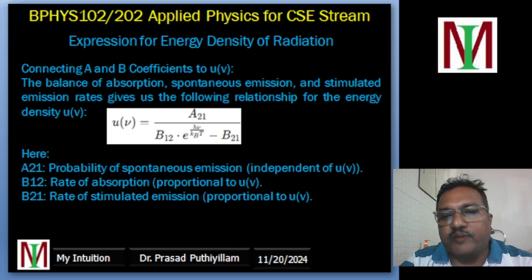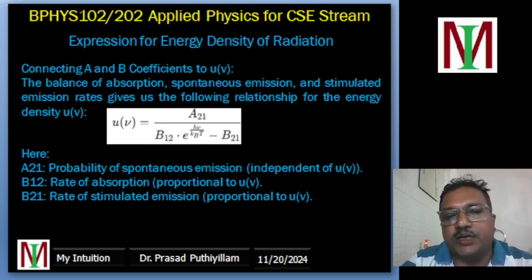B12 is the rate of absorption, which is proportional to the energy density. B21 is the rate of stimulated emission, which is proportional to the energy density. So Einstein showed that, to satisfy Planck's law, the coefficients must be related as B12 equal to B21.